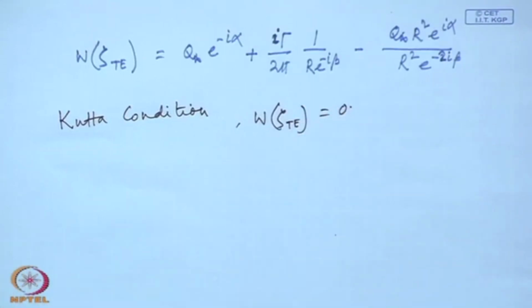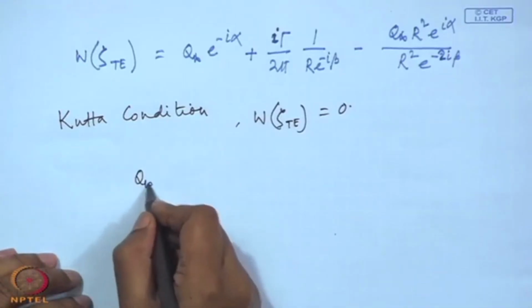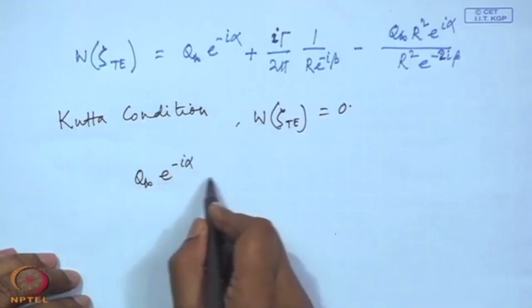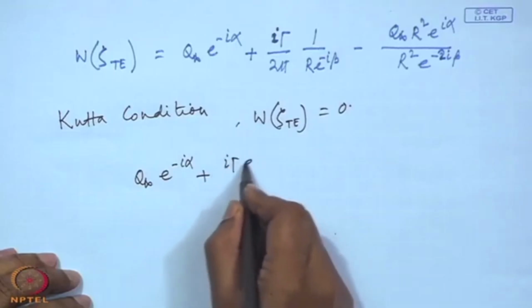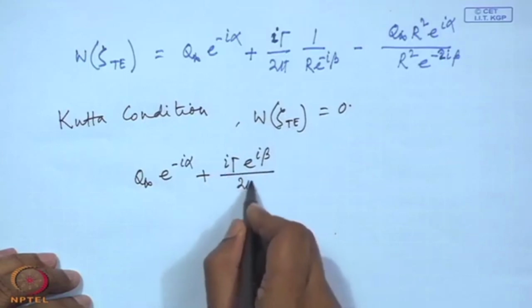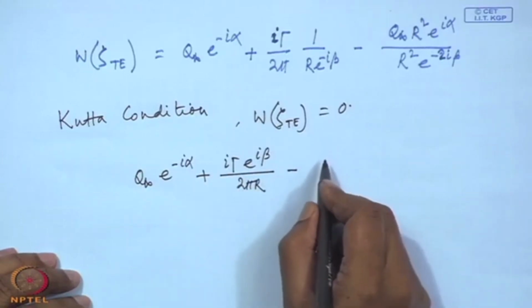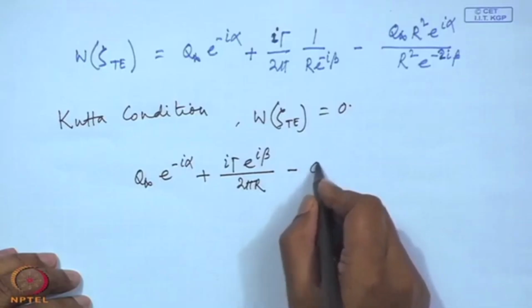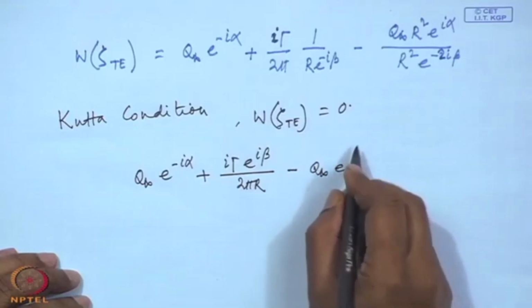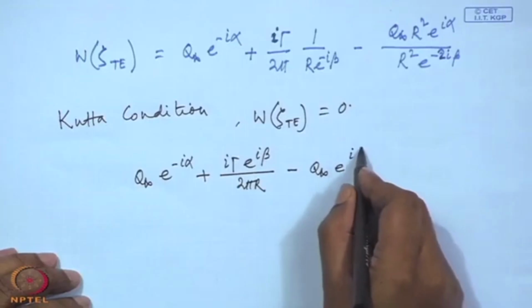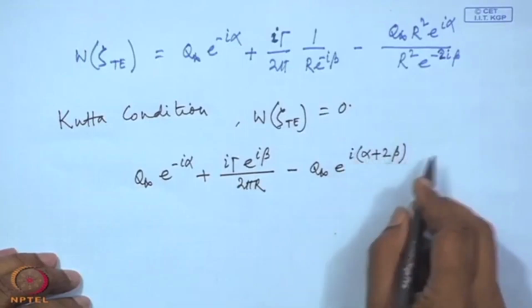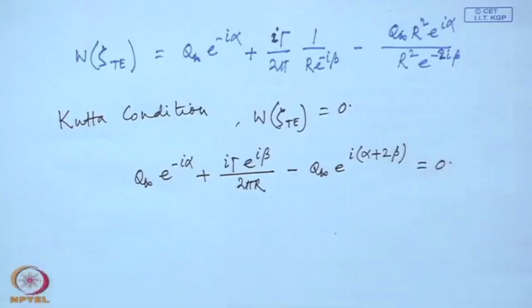So, what do we get? q infinity e to the power minus i alpha plus, so how much is gamma?